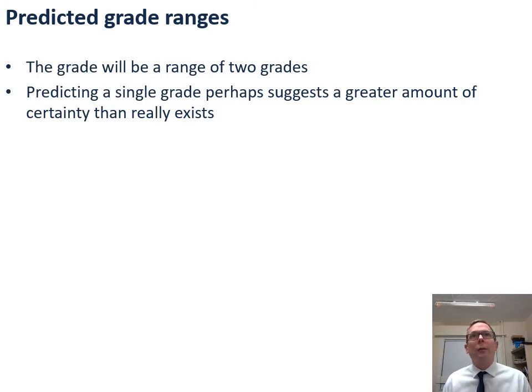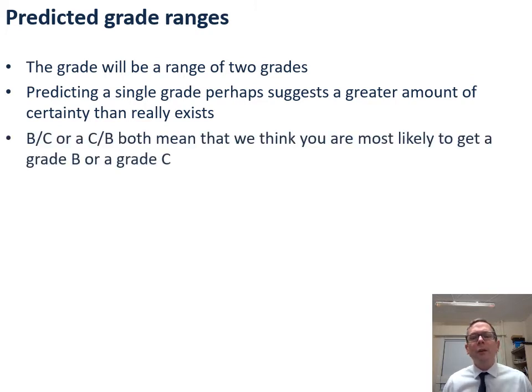If I was to predict the grades for all the students I teach, and I said, okay, you're a B, you're a C, and so on, then I'd probably expect to get about 50% of them right, and maybe a quarter of them I'd underpredict by a grade, a quarter I'd overpredict by a grade, but only a 50-50 chance of getting it right. So we're going to predict 2 grades that perhaps you might get, because I think that's a far more realistic suggestion of the certainty we have.